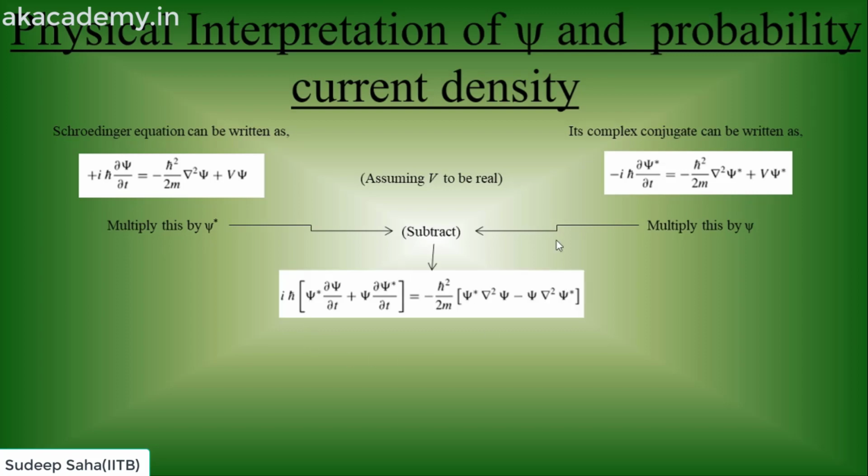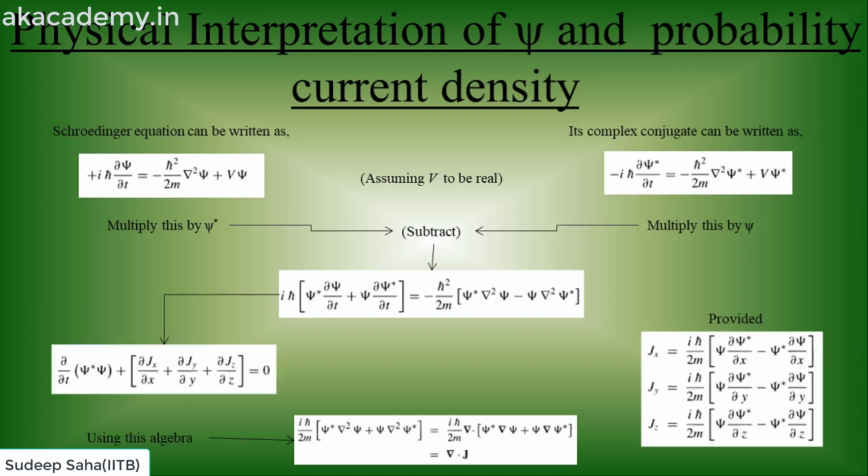This is very simple algebra. If we look at this equation carefully, we'll see that we can put it in this form: i h bar del/del t of psi star psi plus del jx/del x plus del jy/del y plus del jz/del z equal to 0, and this is given by these equations.